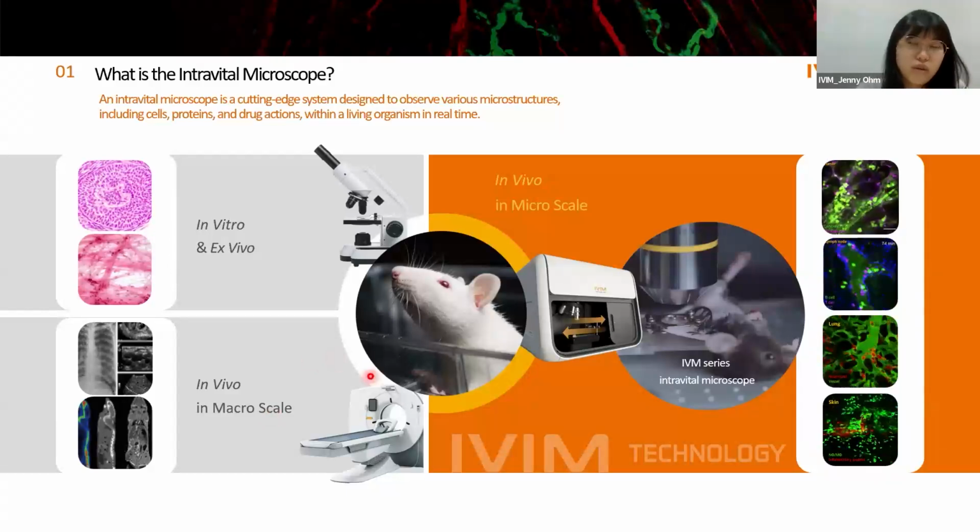Compared to conventional imaging systems like X-ray, IVM offers something very different. It gives us high-resolution, real-time images at the cellular level. This makes IVM a very valuable tool for today's pharmaceutical and biotech research, where dynamic and detailed insight is more important than ever.